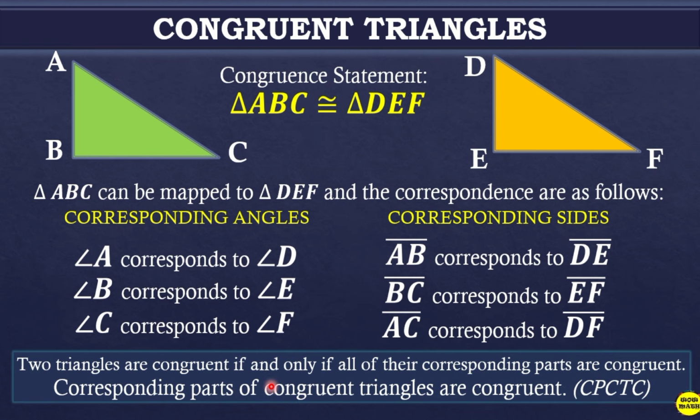Okay? So, dito papasok yung idea ng CPCTC that corresponding parts of congruent triangles are congruent. Okay? So, anong ibig sabihin nito? Kapag meron ka daw congruent triangles, ang corresponding parts nun congruent din. So, si angle A congruent kay angle D. Okay?